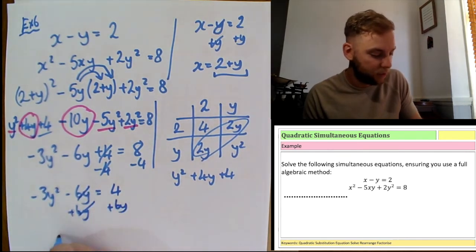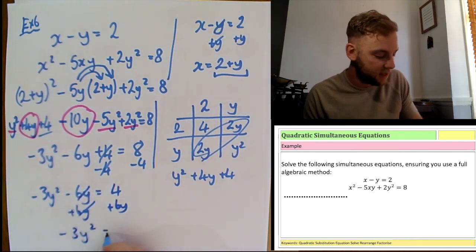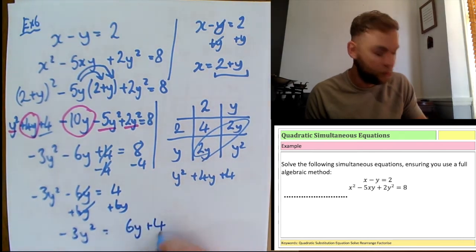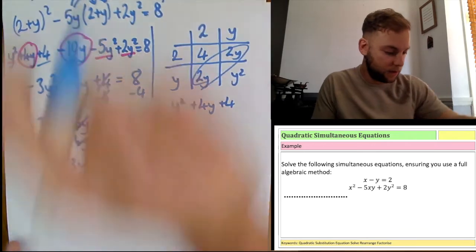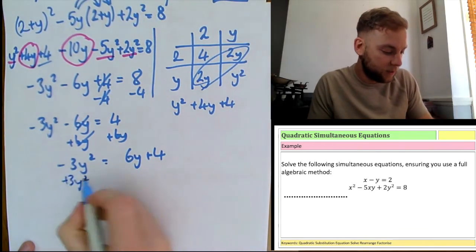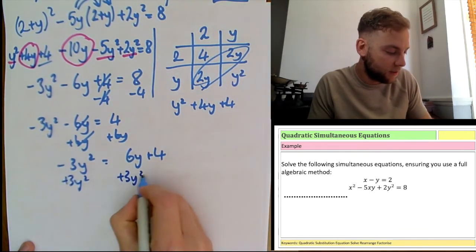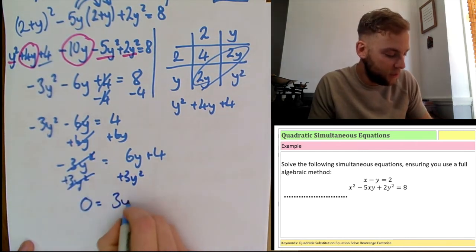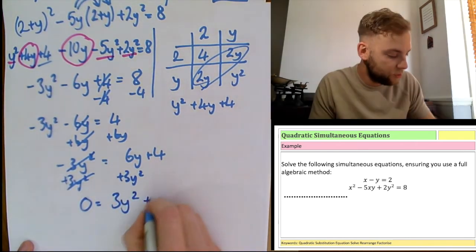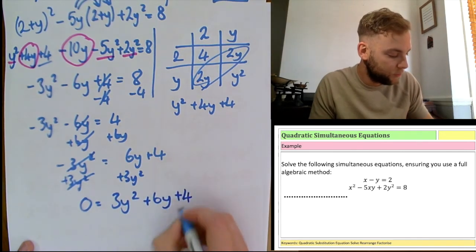They will cancel and end up with minus 3y squared is equal to 6y plus 4. Brilliant. Then I have plus 3y squared plus 3y squared. They will cancel and end up with 0 is equal to 3y squared plus 6y plus 4.